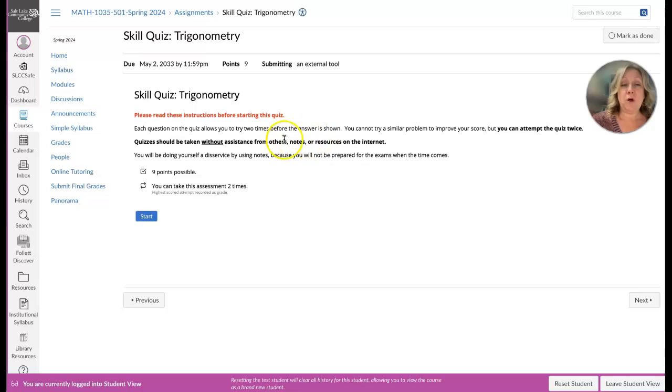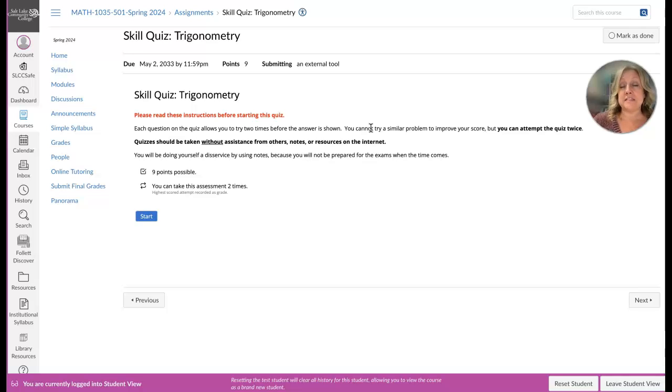Now, I don't want you to use the internet or notes on this, because this is to help you get ready for the exams. If you're using your notes to take these, then you're not going to be ready for the exams, because your brain's going to be used to being able to look at an example in order to solve a problem. And on the exam, you won't be able to do that.